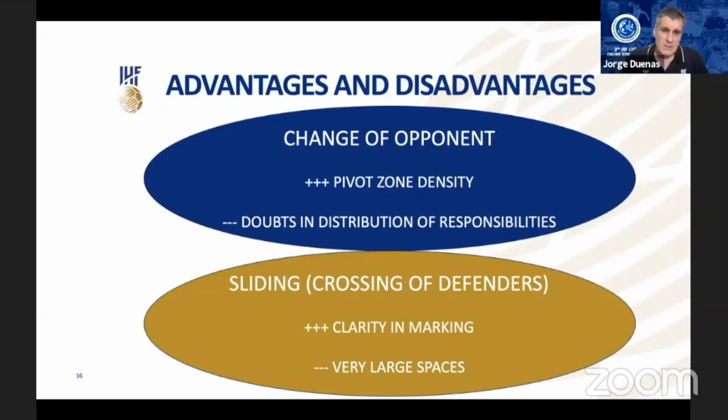Maybe the problem is when you have doubts in the distribution of the responsibilities. Sometimes you have to look at the trajectory of the attacker with the ball, and then the defenders have to decide who is responsible for the line player and who is responsible for the player with the ball.